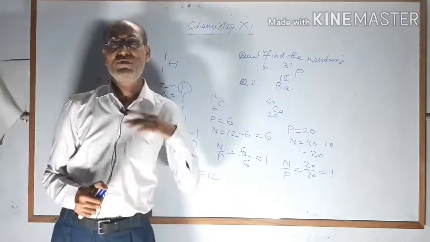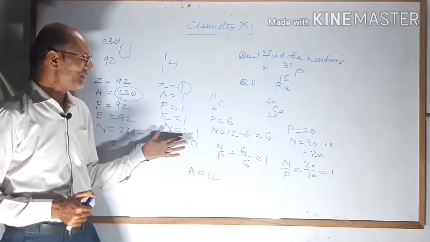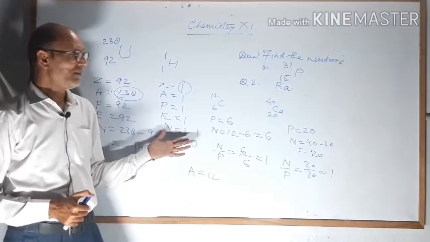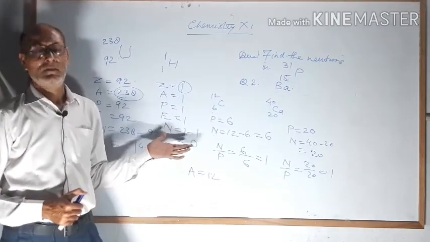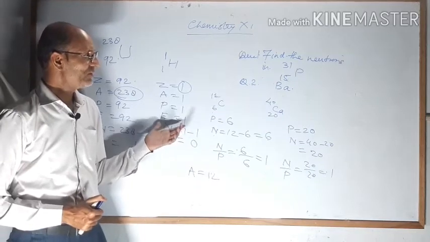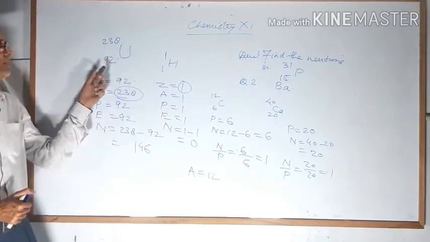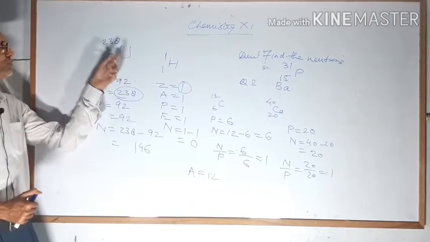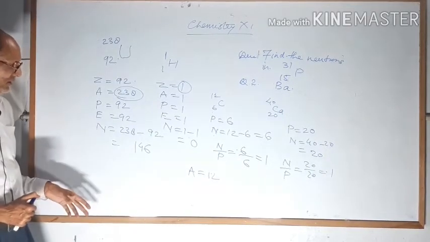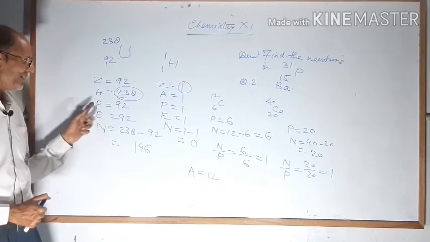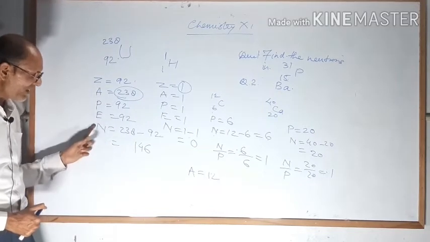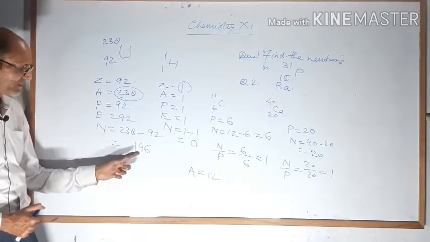But when we move above the element with atomic number 20, that means above calcium, 21, 22, or you have seen the example of uranium, 92U238. So the number of protons is 92 and the number of neutrons is 146.